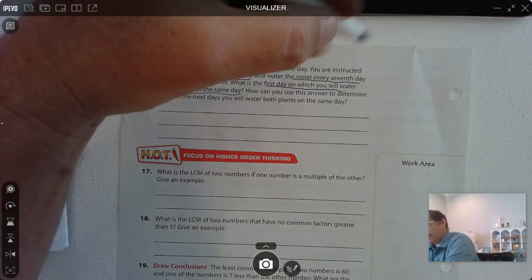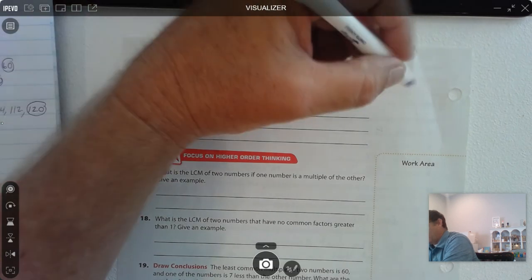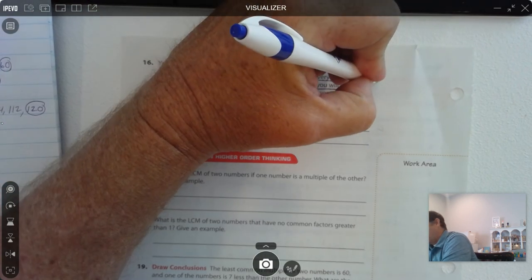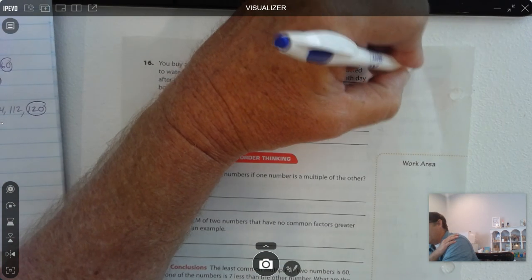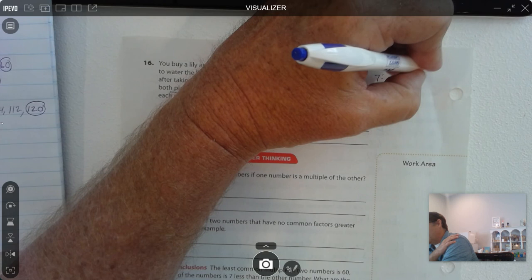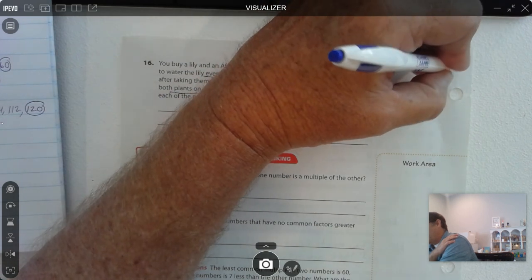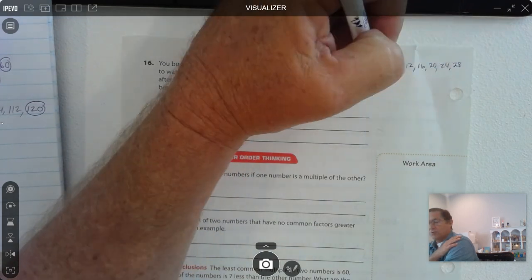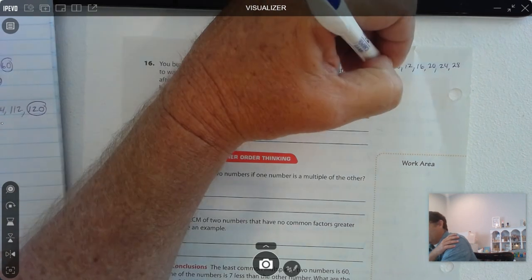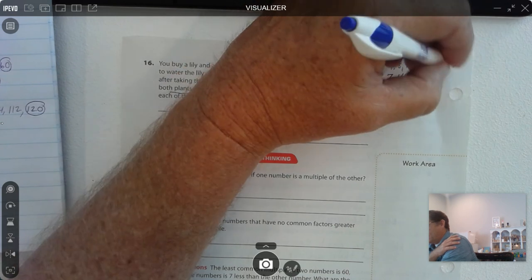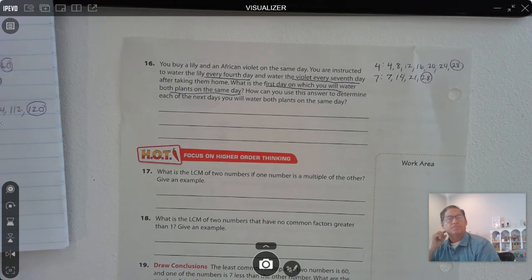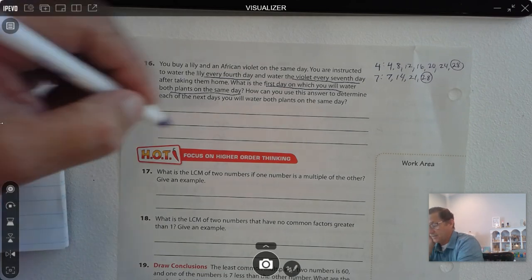Okay, so we're trying to find the least common multiple of 4 and 7. 4, 8, 12, 16, 20, 24, 28. I know 28 is a multiple of 7. So 7, 14, 21, 28. So the first time she's going to water both the lily and the African violet is on day 28.